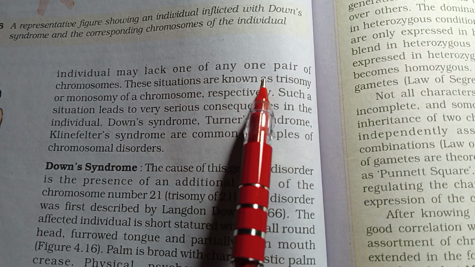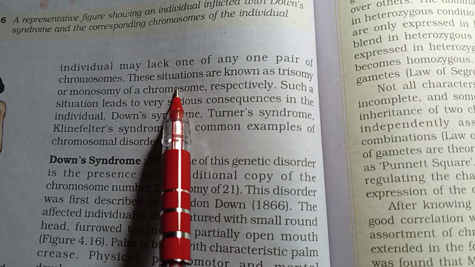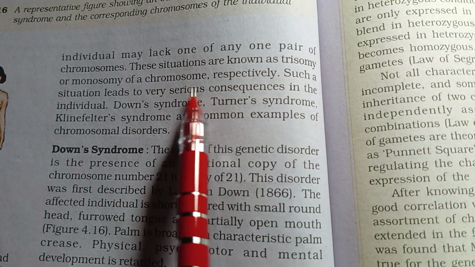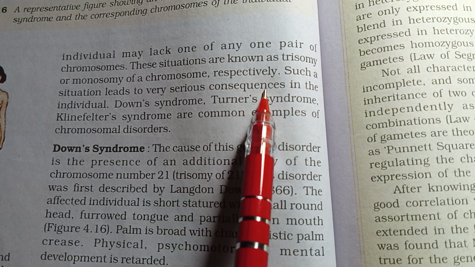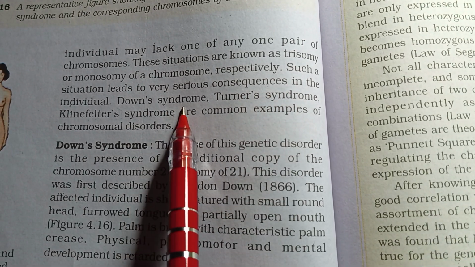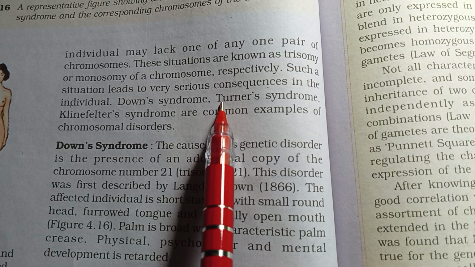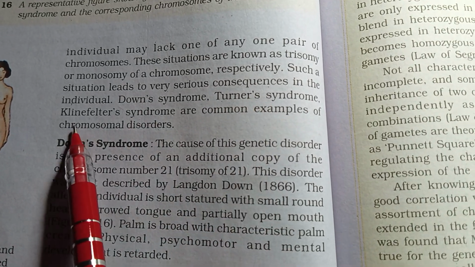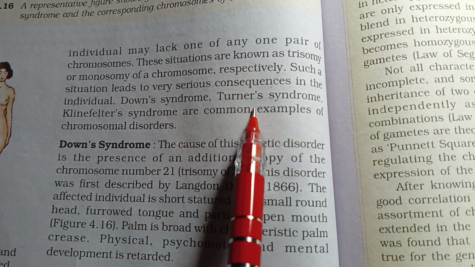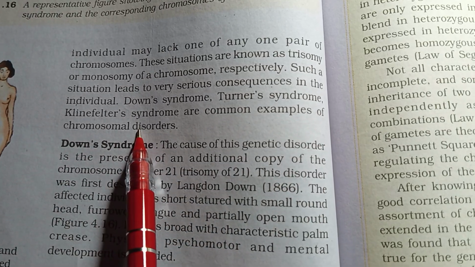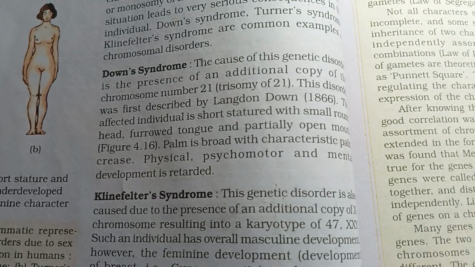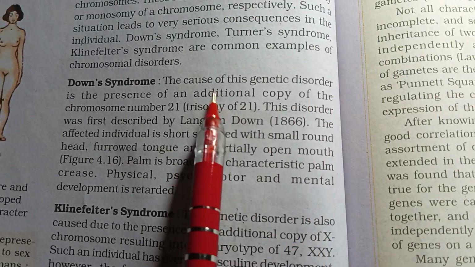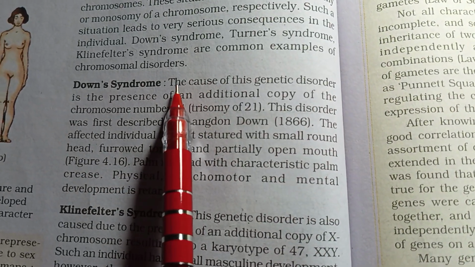So these situations are known as trisomy or monosomy of a chromosome respectively. So such a situation leads to very serious consequences in the individual. So Down syndrome, Turner syndrome, Klinefelter syndrome are the common examples of chromosomal disorders. So let's see what are the symptoms and what happens in all these three diseases.